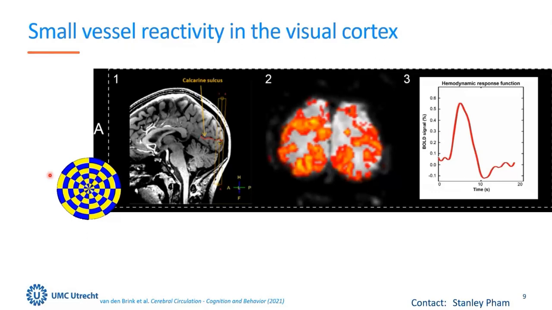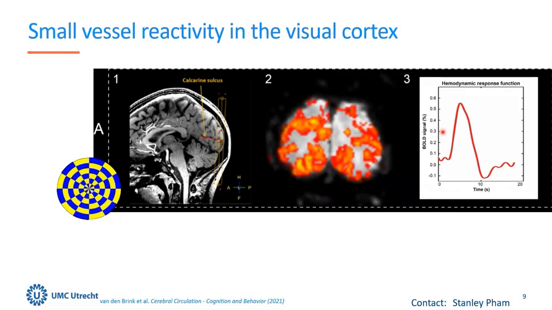And this obviously evoked neuronal activity in the visual cortex, which then through neurovascular coupling leads to this vascular dilatation in the visual cortex, increased CVR, which can be picked up with the bold signal. And this can then be quantified using a hemodynamic response function, as shown here, where we then look at the peak and the full width at half max of this fitted HRF as our outcome measures.